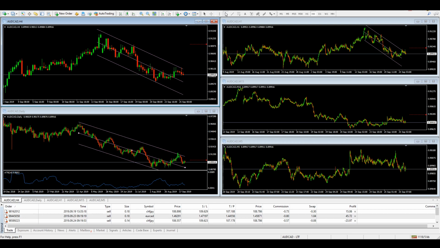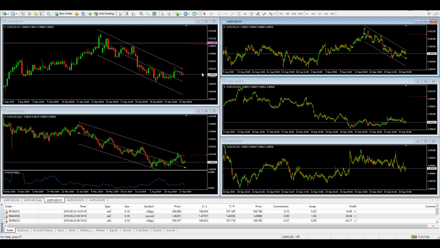So shorting as it is at the moment, because these are nice reversal signs that we've seen off of this standard deviation here on the multiple time frames, showing a sign that the price could move lower still. So rather than using this high up here as a reference point for a stop loss, you could use these previous lower highs here, because there's still enough reference in the price action to allow for that.